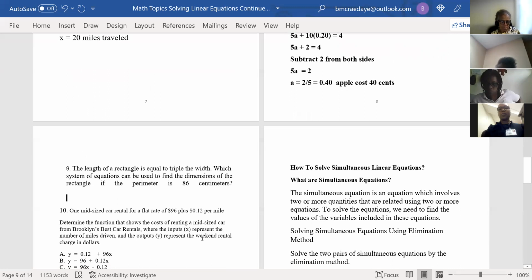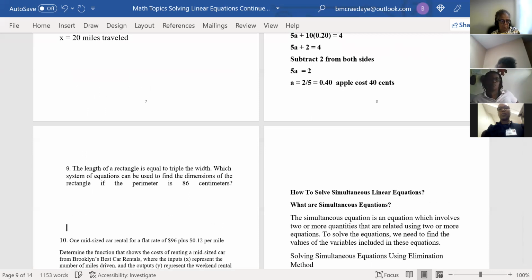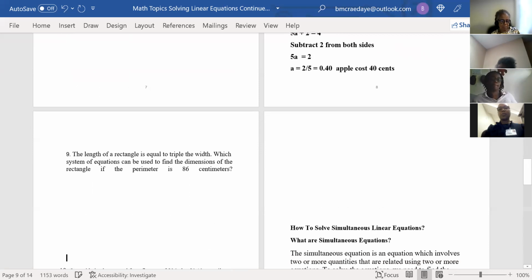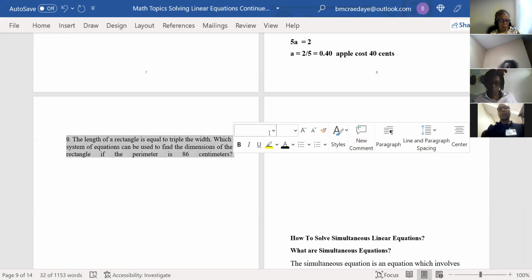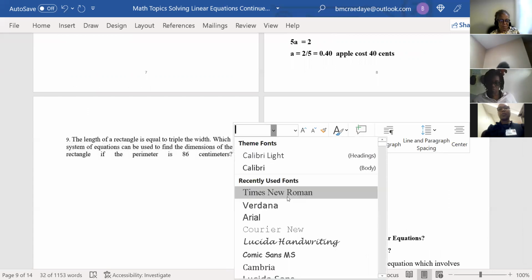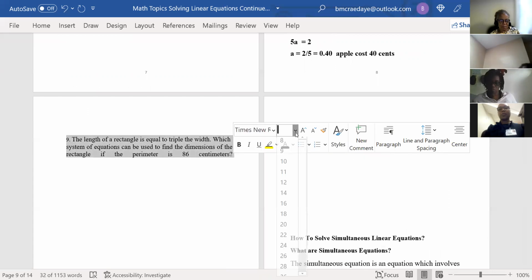Now this one, you will set up the equations. You're not going to solve it. Let me make it bigger. This is going to refresh your memory on perimeter. You know what perimeter means, right?